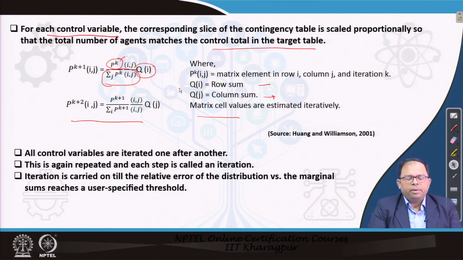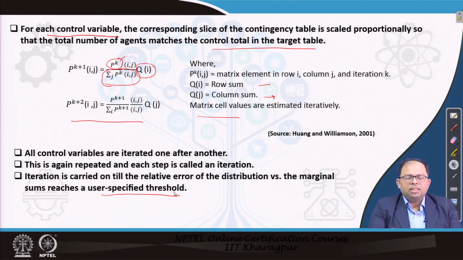This is repeated again, and each step is called an iteration. Iterations are carried on till the relative error of the distribution versus the marginal sums reaches a user specified threshold. That means we decide how much we keep iterating based on the amount of accuracy that we want.